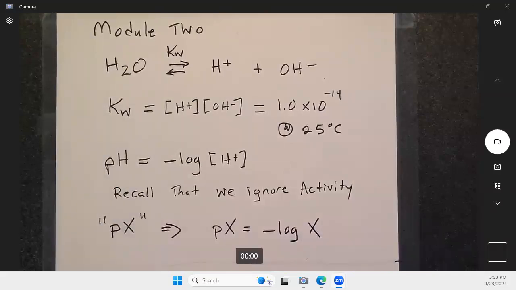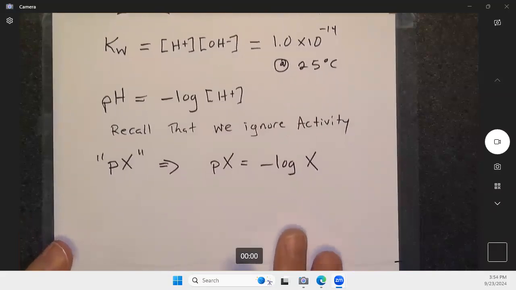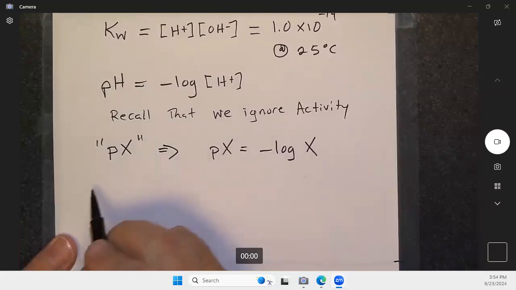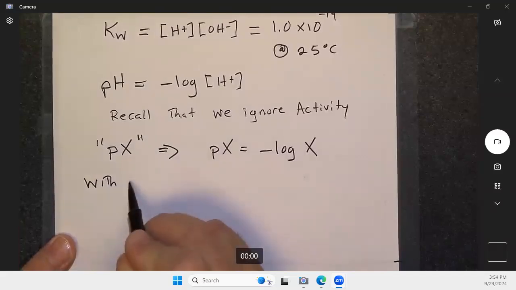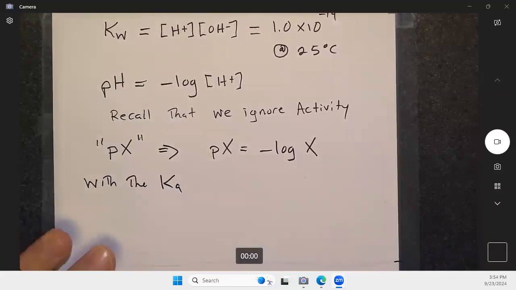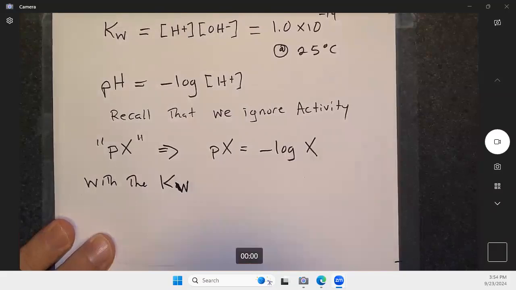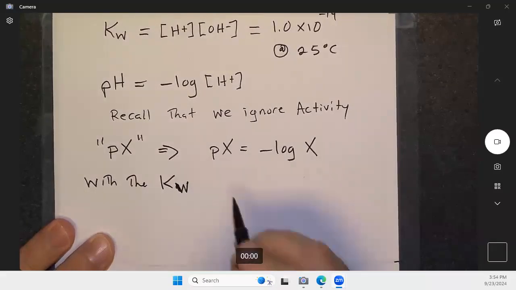So it's just kind of a notation that we use. And so with the Kw expression, I misspoke, the Kw expression.